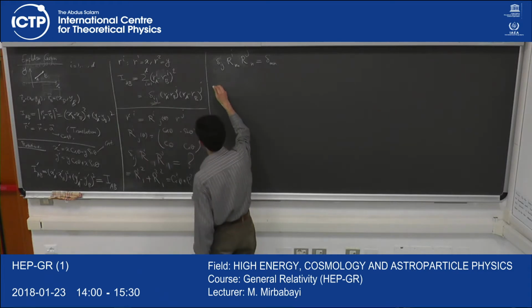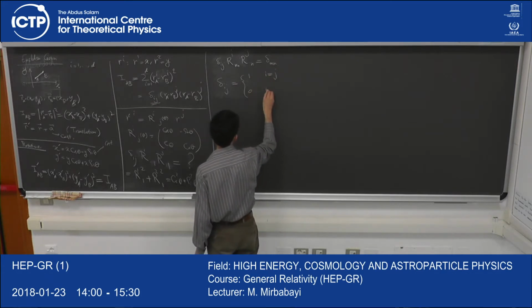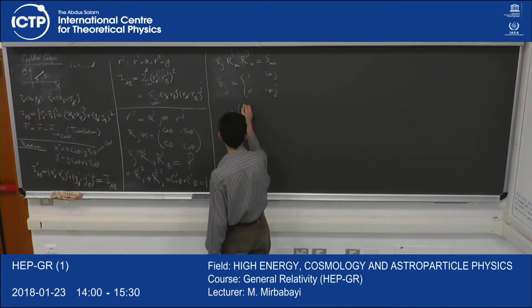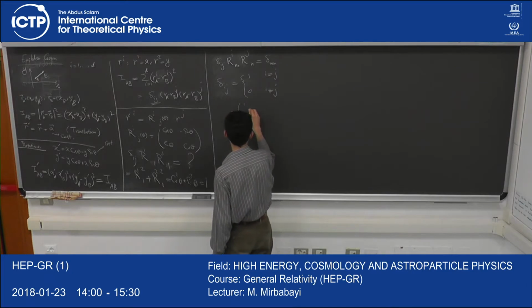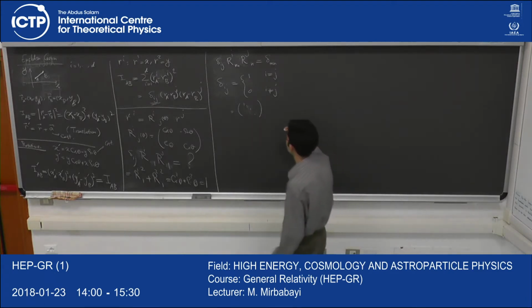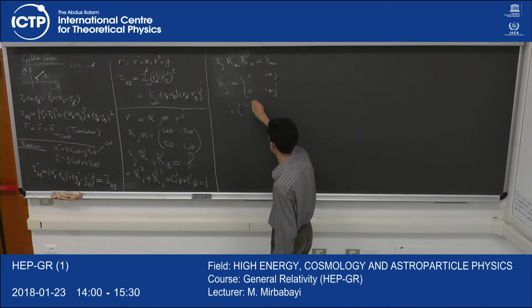So this delta ij is called the Kronecker delta. It is 1 if i is equal to j, and it's 0 when i is different from j. In matrix notation, it is just a diagonal matrix with 1 sitting on the diagonal. In the 2D case, it's just a 2 by 2 matrix, so it's going to be 1, 0, 0, 1.